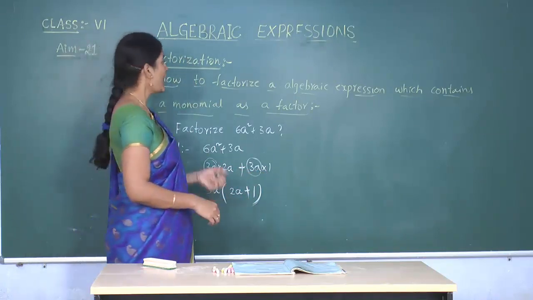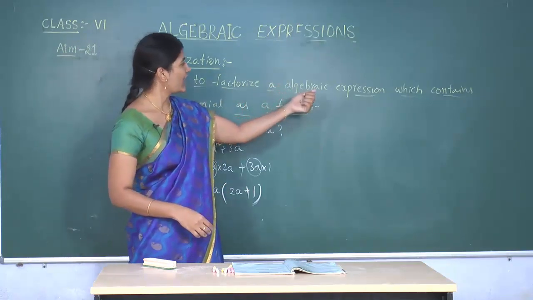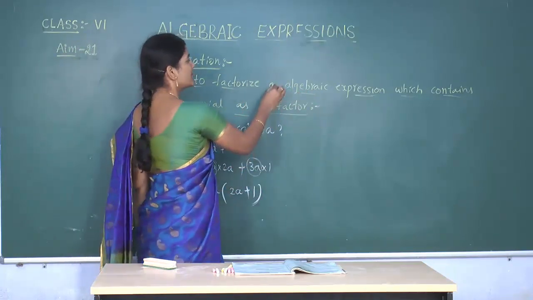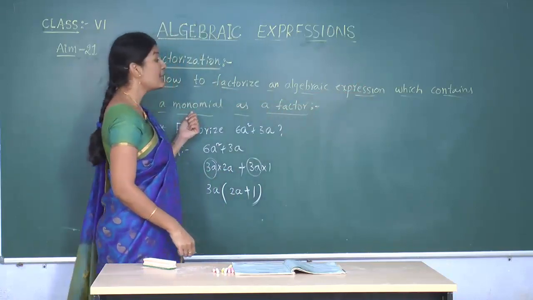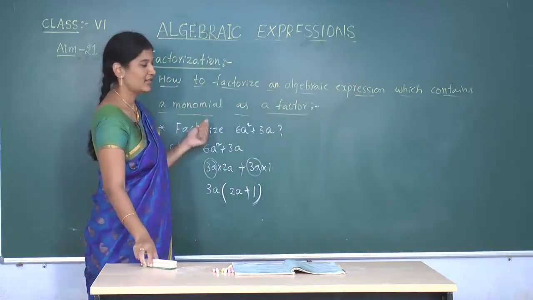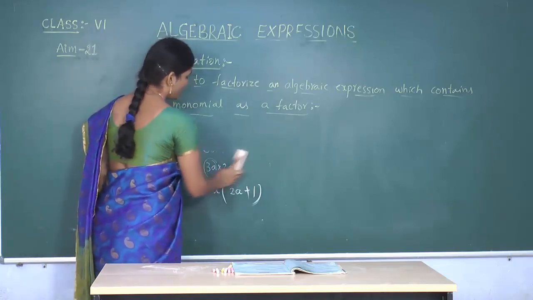Suppose, how to factorize an algebraic expression which contains a binomial as a factor? Let us see with an example.